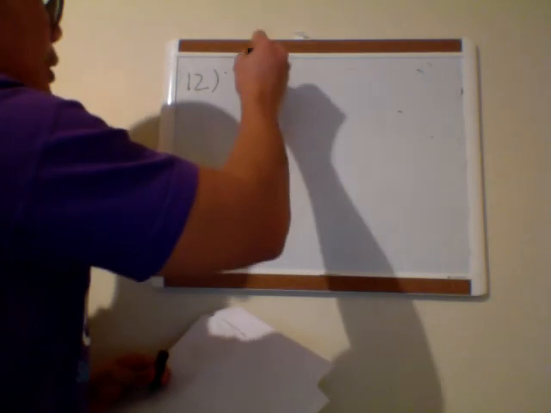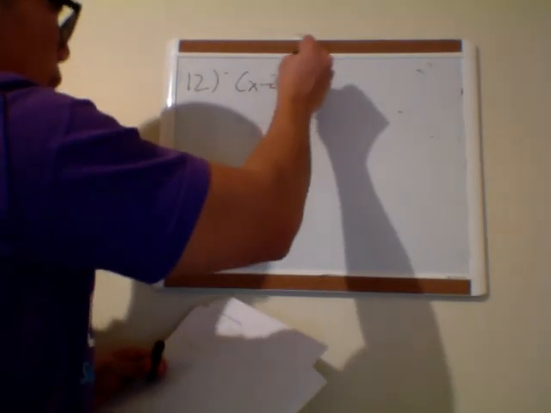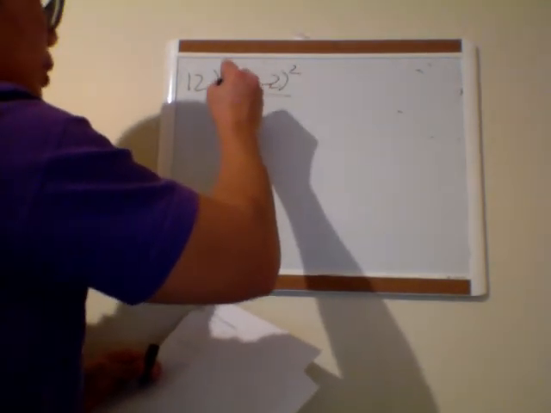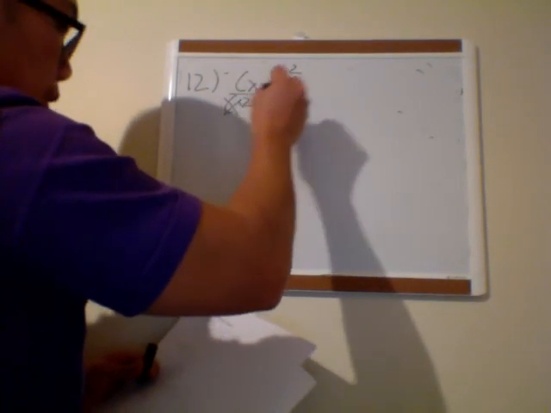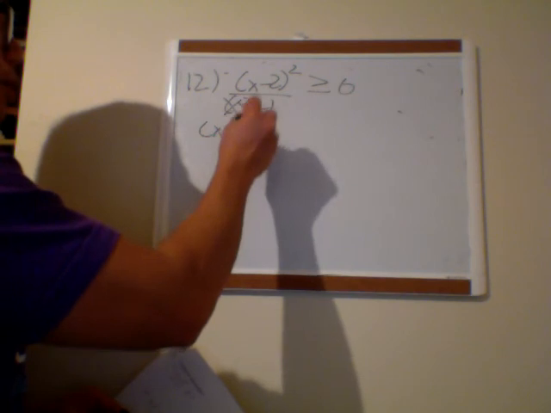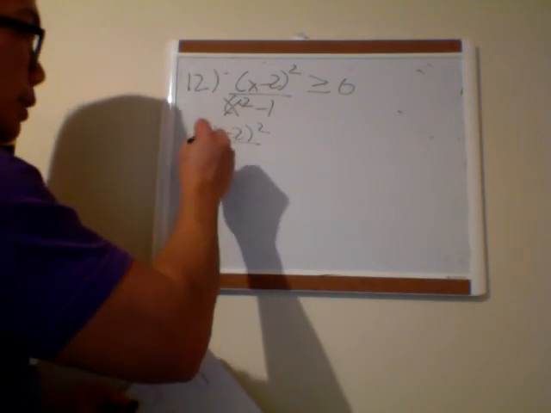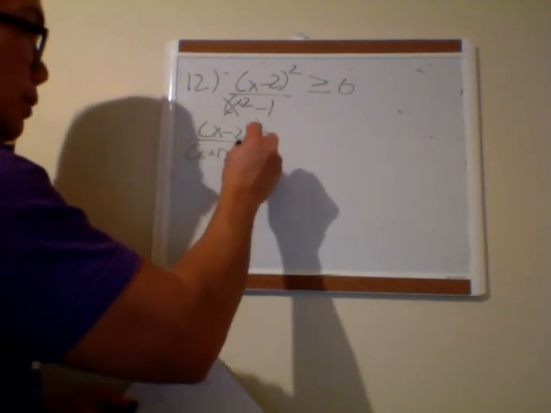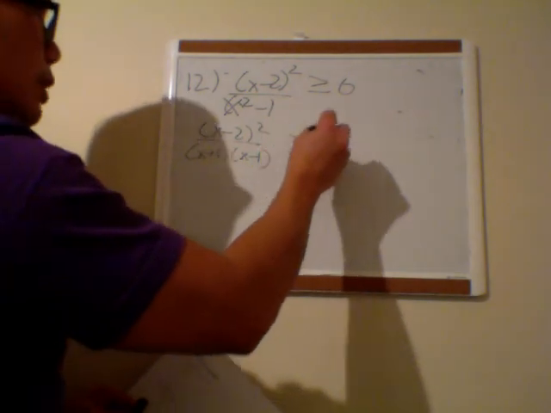12, it's (x minus 2) squared over x squared minus 1 is greater than or equal to 0. If I factor this, this is (x minus 2) squared over (x plus 1)(x minus 1) is greater than or equal to 0.